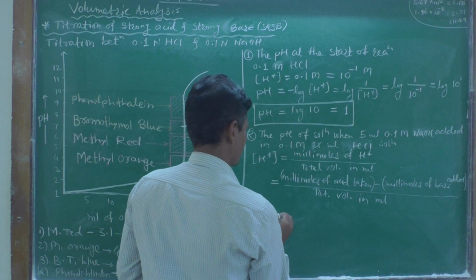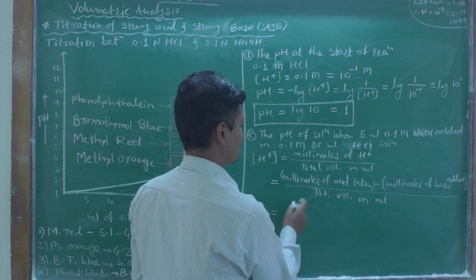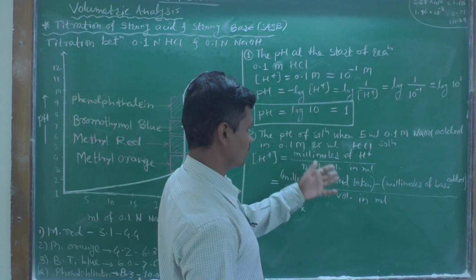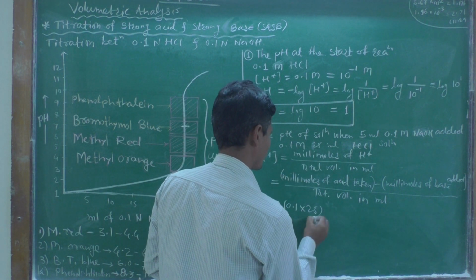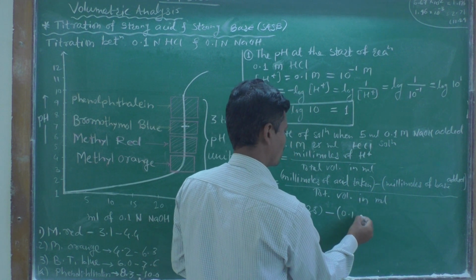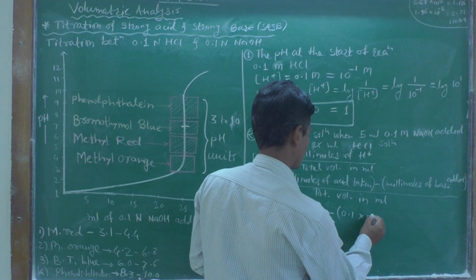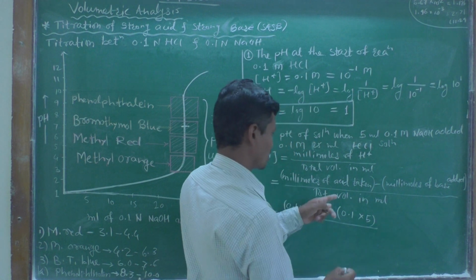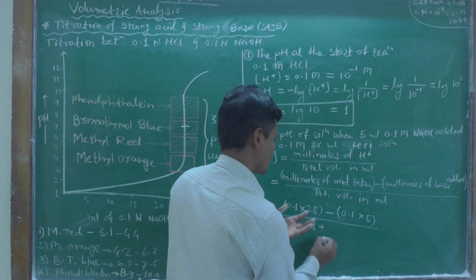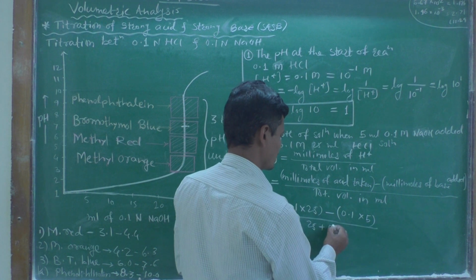Now, millimoles of acid taken: the molarity of acid is 0.1 and the volume of acid is 25, minus millimoles of base, where the concentration is 0.1 molar and the volume of base added is 5 ml, divided by the total volume. The acid taken is 25 ml plus base added from the burette is 5 ml, so 25 plus 5 is 30.